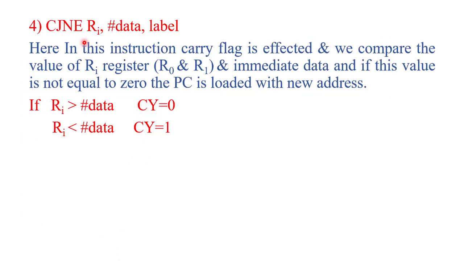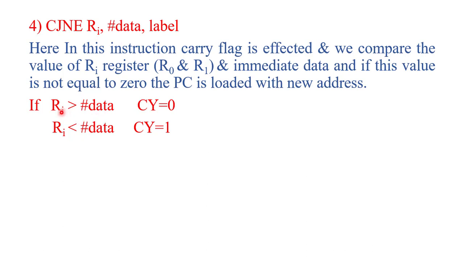Next instruction of this category is CJNE @Ri, #data, label. #data is the immediate data, and Ri is the R0 and R1 register. So in this instruction we compare the value of the Ri register and the immediate data. If these two values are not equal, then the program counter is loaded with the new address.